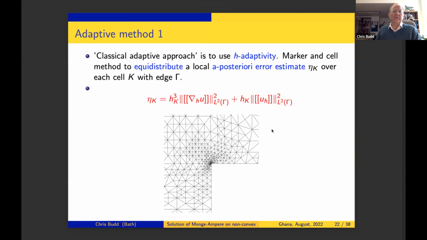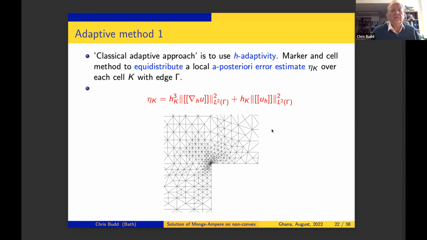One of the nice things about this approach is that there are good a posteriori error estimates. What I've shown in the red is one of these typical a posteriori error estimates, which allows you to estimate how big the L2 error or L infinity error is in any of the cells. An h-adaptive method then reduces the cell size if that estimate is large.